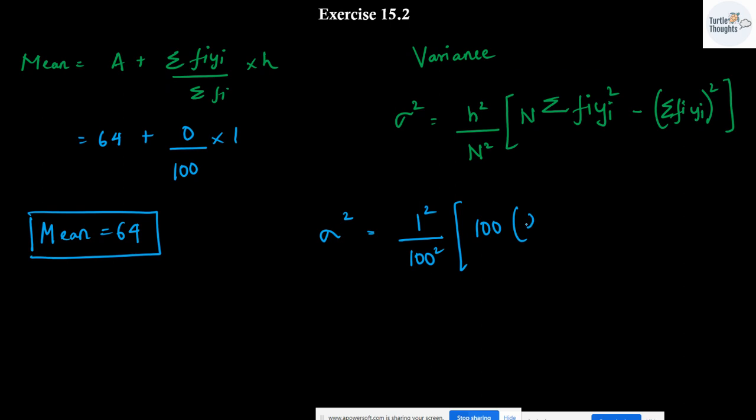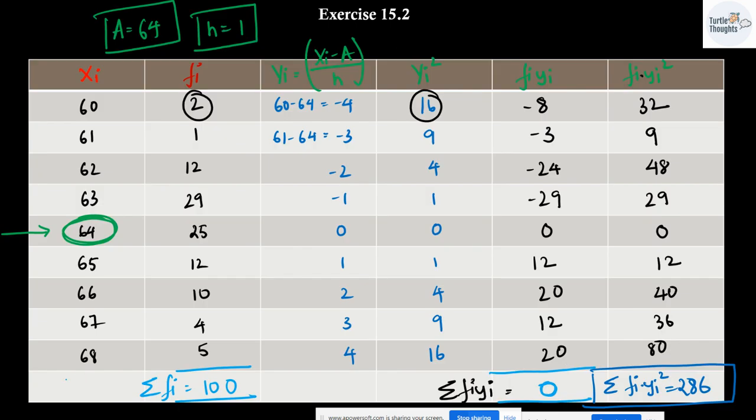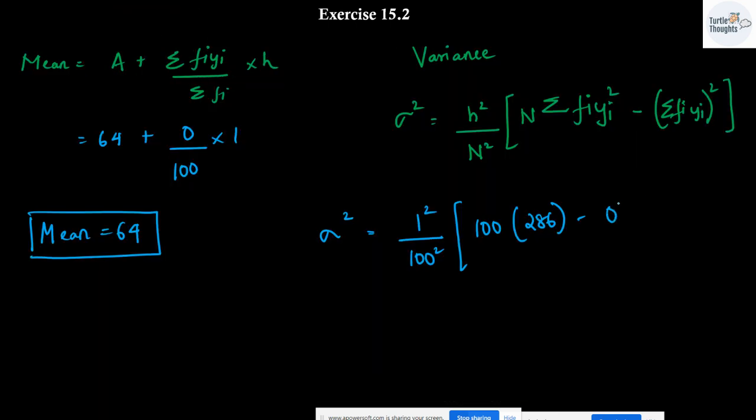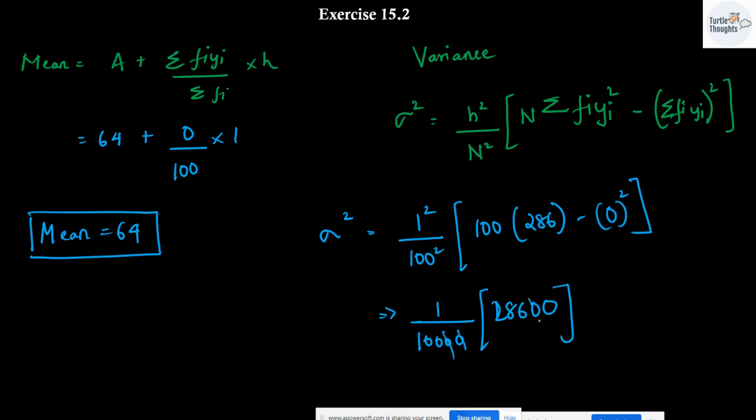We have got 286, so I will be writing 286 over here, minus sigma fi yi, which is equal to 0, so let me write 0 whole square. Right, now I will be getting the value as 1 divided by 10,000 multiplied by 28600. Is that correct? Minus 0, I need not take. So the zeros will be getting cancelled.